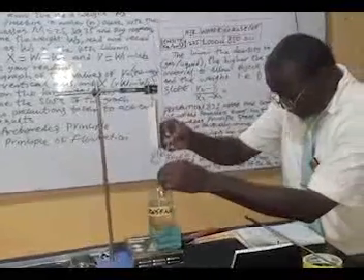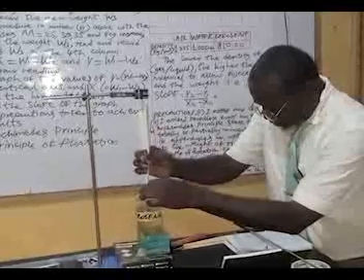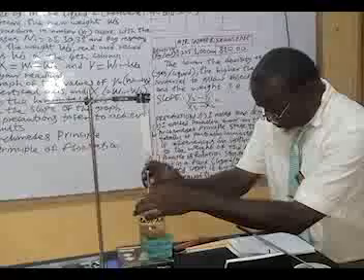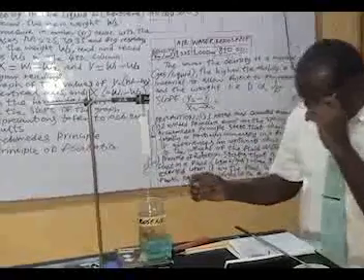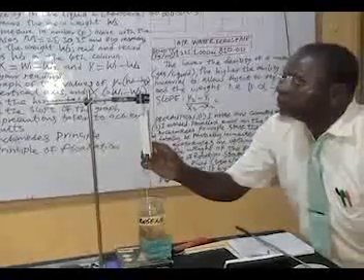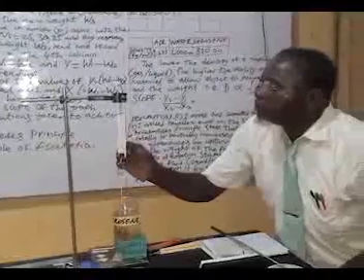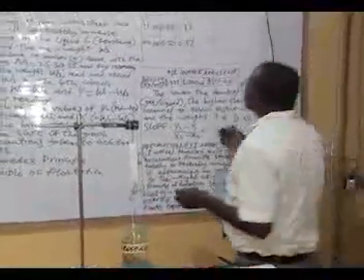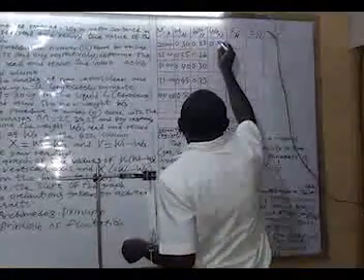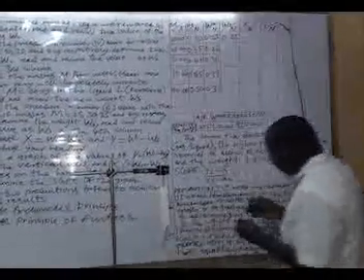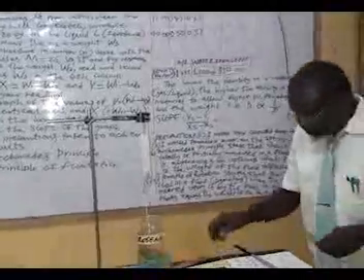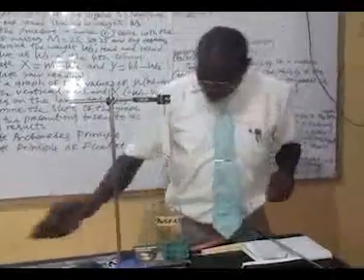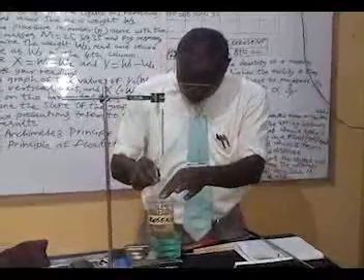Drop it gently into the liquid kerosene. This one gives us 0.25. Bring it out gently.